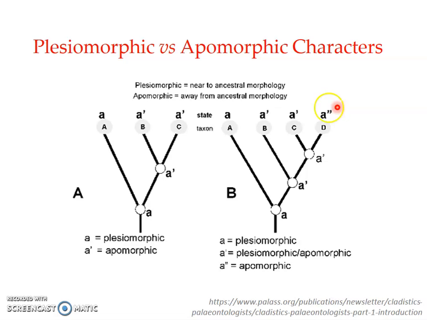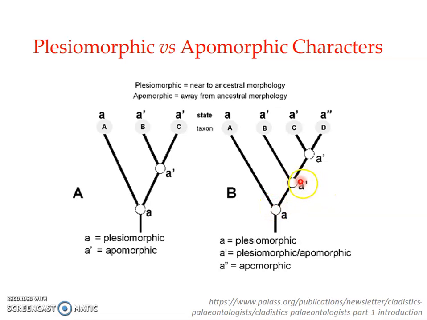When considering this clade, C and D with the ancestor, A prime becomes a plesiomorphic character, while A double prime becomes an apomorphic character. I hope it is clear. So it depends upon the situation. When considering the larger one, the whole clade, A is plesiomorphic, no questions there.